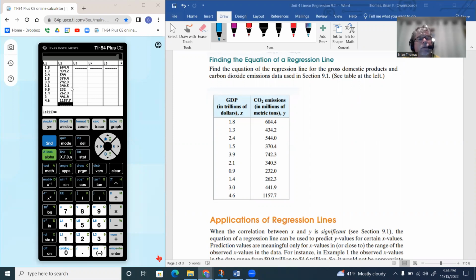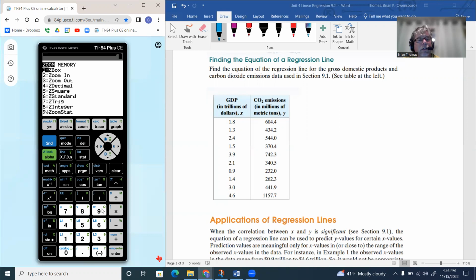Remember, if we hit zoom and number 9, that'll create a stat plot for us. Notice that this does look kind of linear. As the x values are increasing, the y values are also increasing. So this is what we call a positive slope.